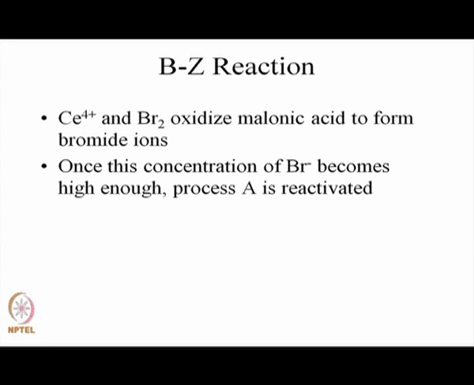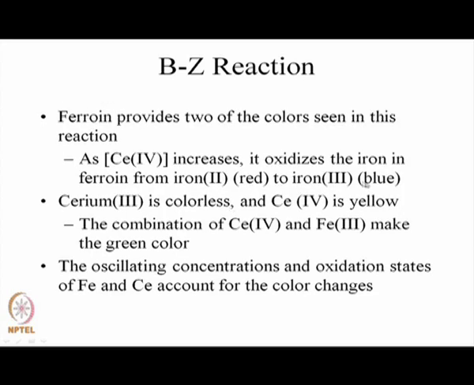In both the BR reaction and the BZ reaction, although the BR case is a simpler situation, it is a combination of red, blue, and yellow. Depending on how much red, how much blue, and how much yellow is present, accordingly the color will change.